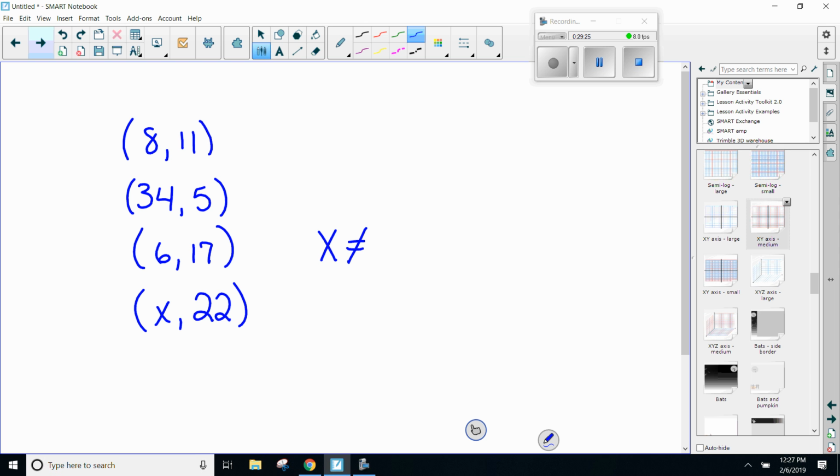X cannot equal 8, 34, or 6. If it does, you would have 6, 22 and 6, 17. Can't have that. If it were 34, you would have 34, 5 and 34, 22. If it were 8, you would have 8, 11 and 8, 22. Cannot be any one of those 3 integers.